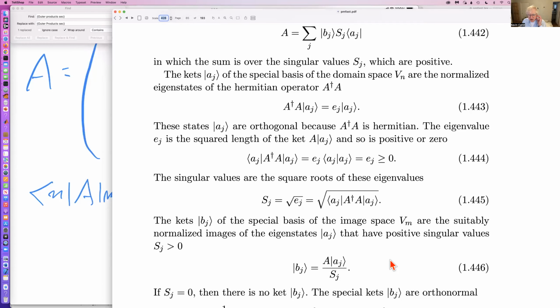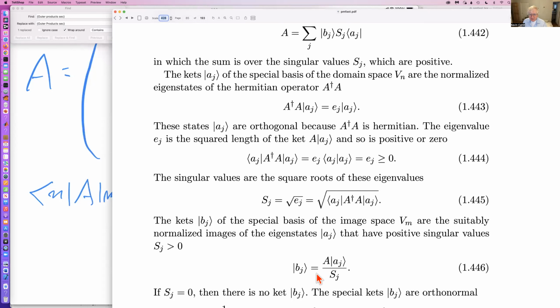So then it's really very simple. We have two arbitrary bases. We choose the basis A, the A's, such that they're eigenvectors of A dagger A with real positive eigenvalues, with the singular values being the square roots of these eigenvalues. And the other basis, the BJ's, are just the image of the AJ's under the operator A divided by the eigenvalue SJ.